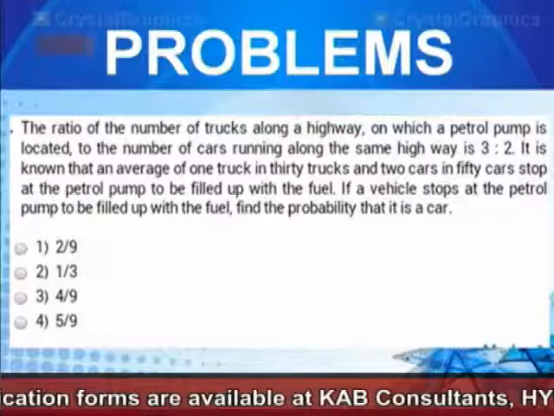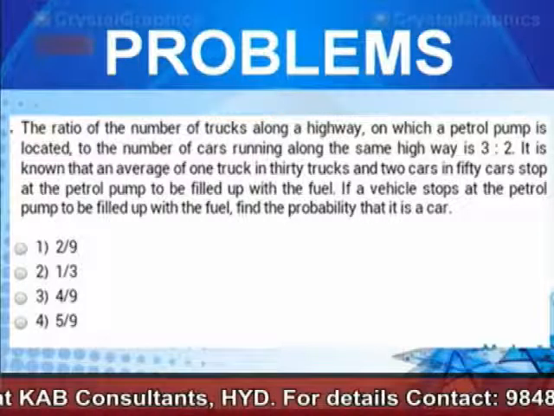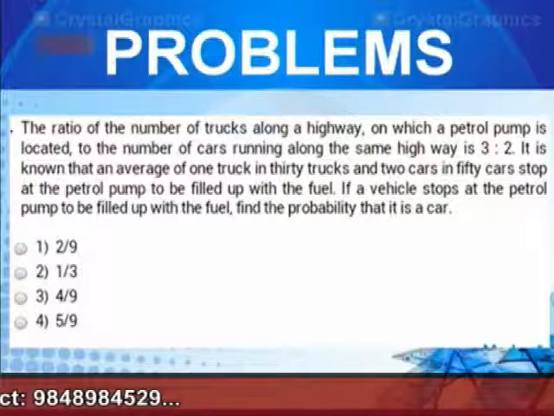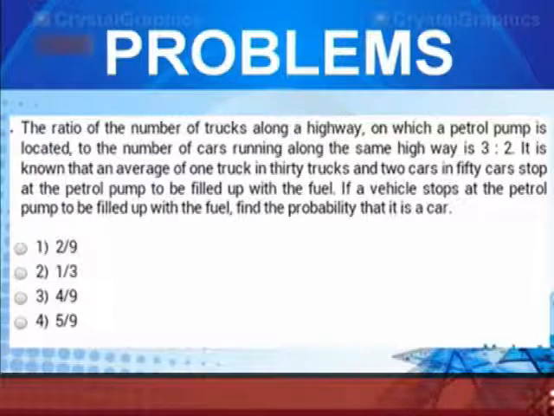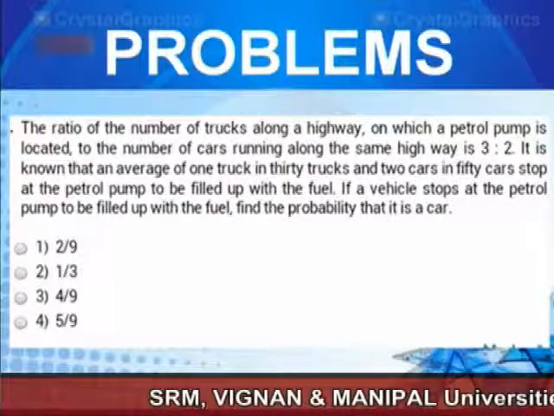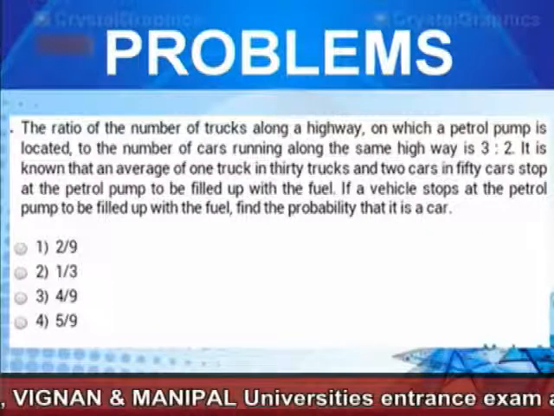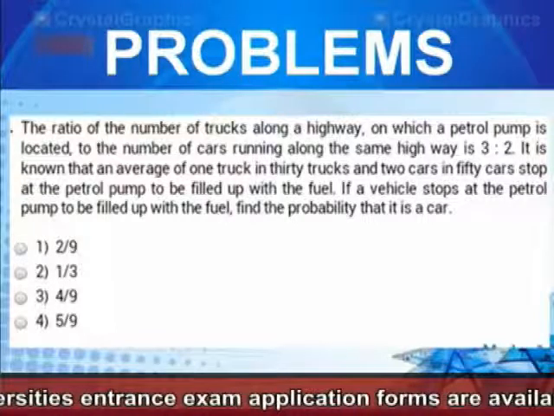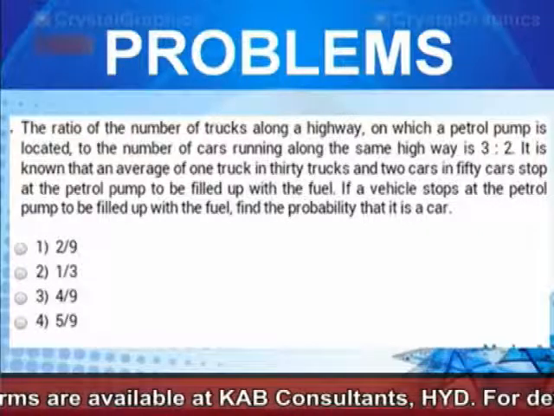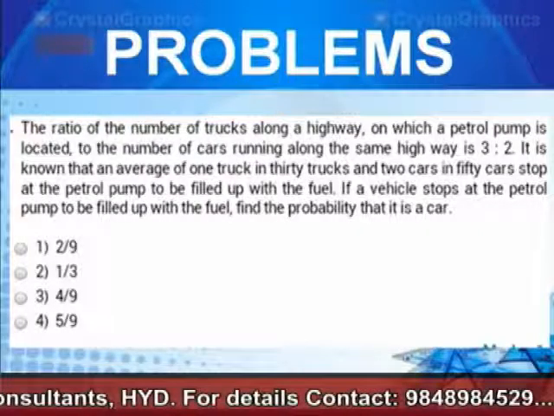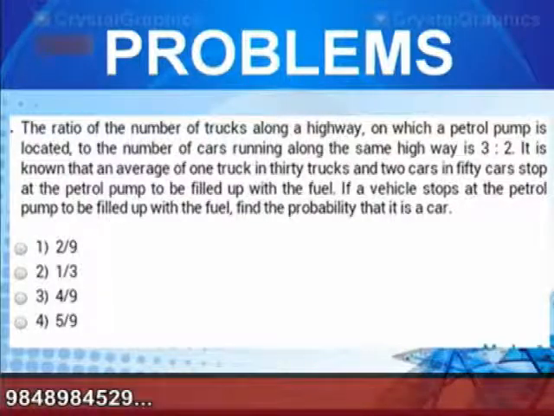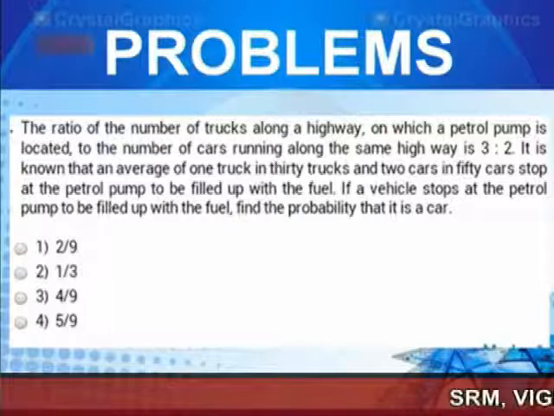Yes. The ratio of the number of trucks along a highway on which a petrol pump is located. Okay, a petrol pump is located on a highway, and the ratio of the number of trucks to the number of cars running along the same highway is 3:2. 3:2 means first trucks are given, next cars are given.